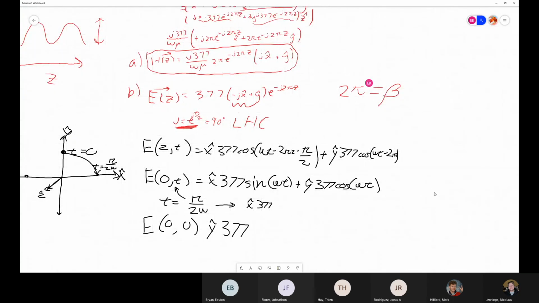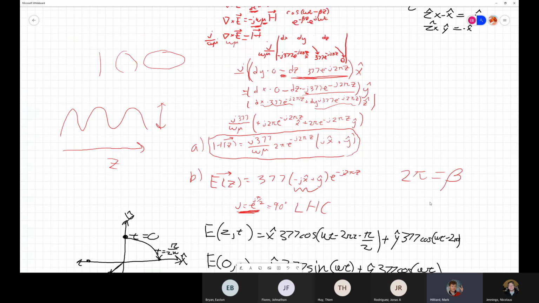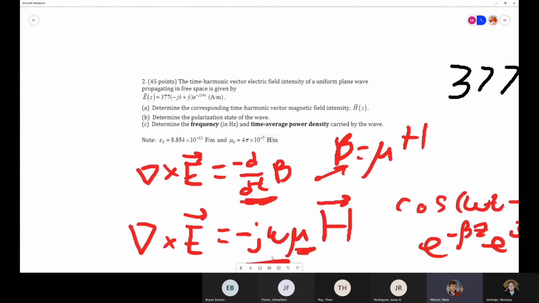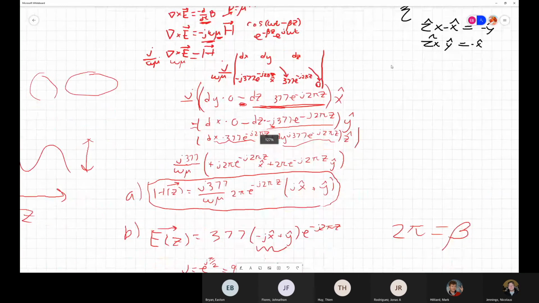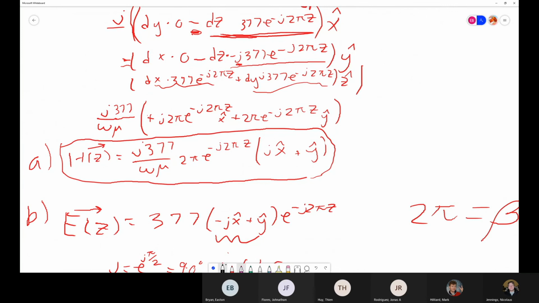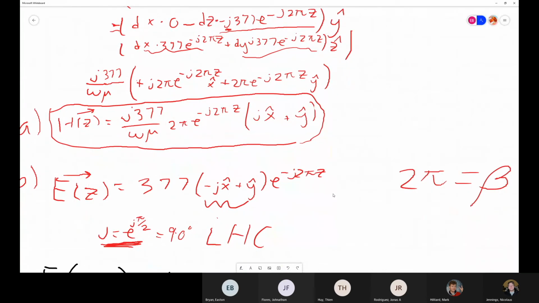And do y'all know how I got that? Not quite, but I'm kind of familiar with. So if you look to the left on part B where I wrote out the phasor form of the electric field intensity, do y'all remember converting from phasor to time domain, or time varying, excuse me?